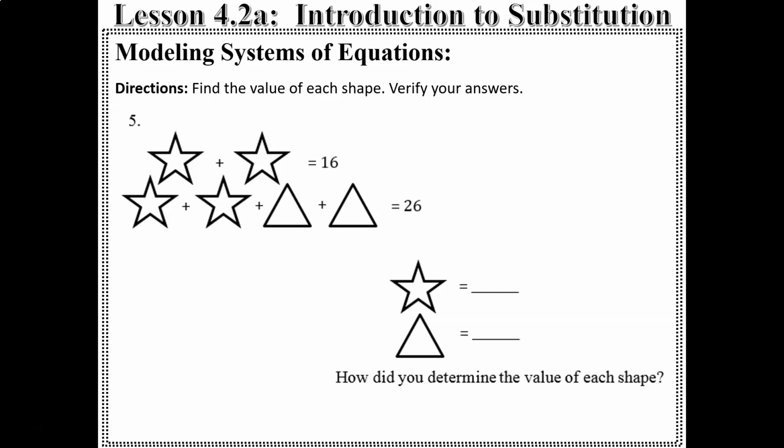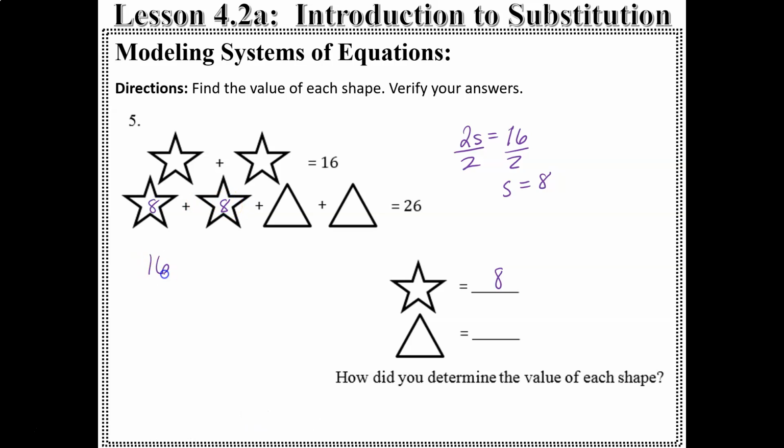Number 5, I have 2 stars equals 16, 2 stars and 2 triangles equals 26. So I have 2 stars equals 16. If I divide each side by 2, I have 1 star is 8. So I'm going to put these 8s in here.